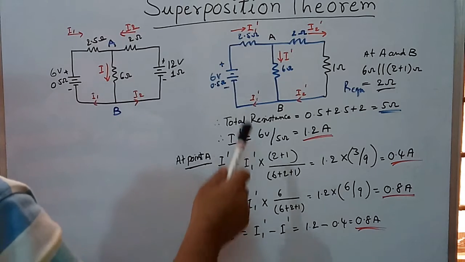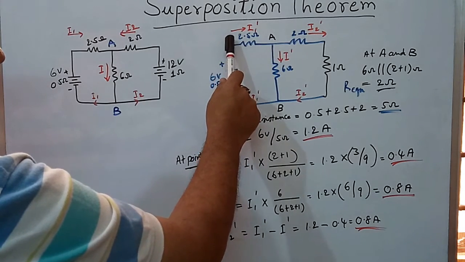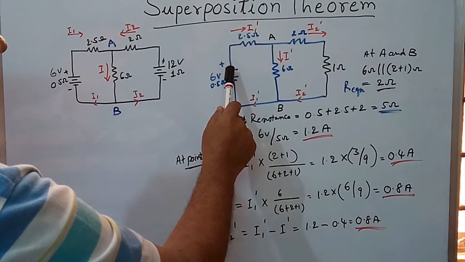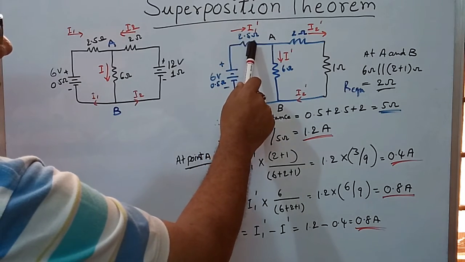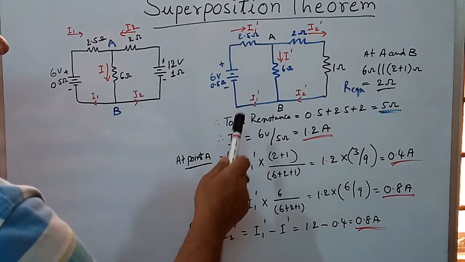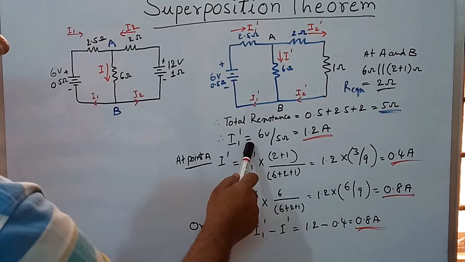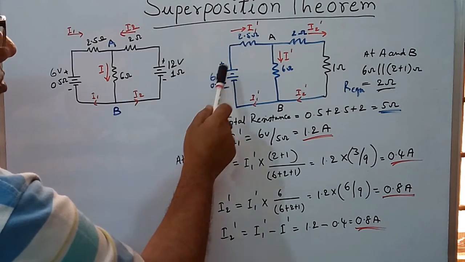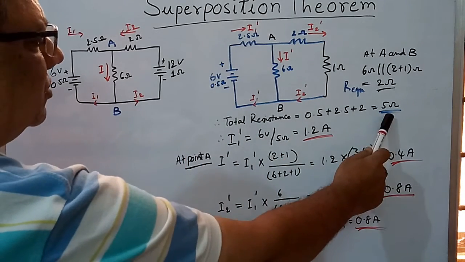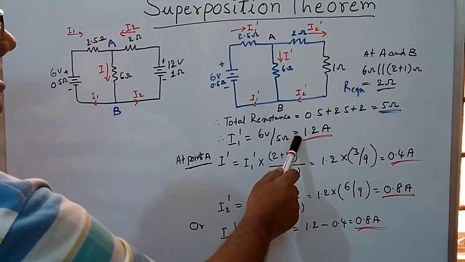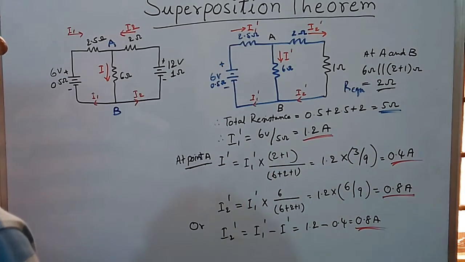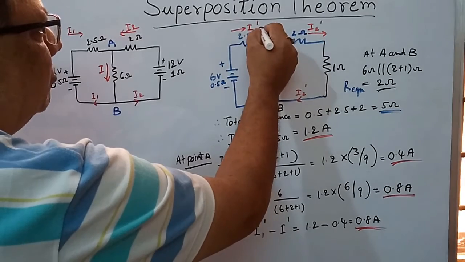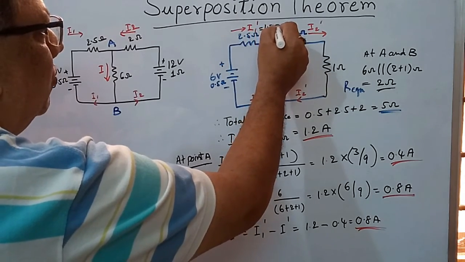Now I1 dash is the current which flows from the 6 volts EMF to the network. I1 dash equals 6 volts divided by the total resistance of the network, that is 1.2 amperes. So I1 dash would be 1.2 ampere.